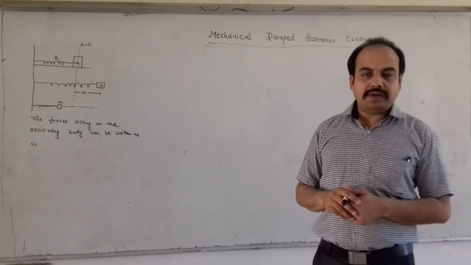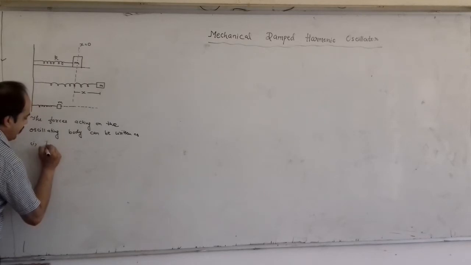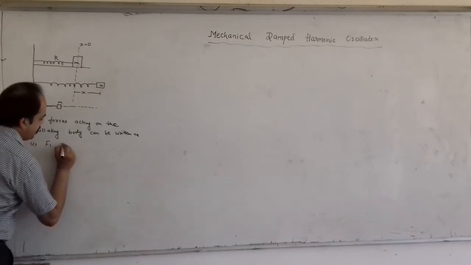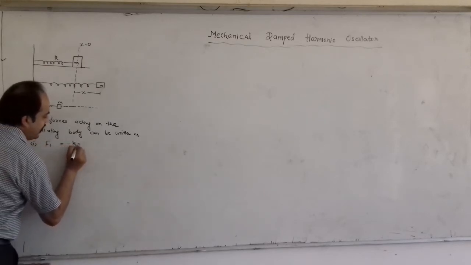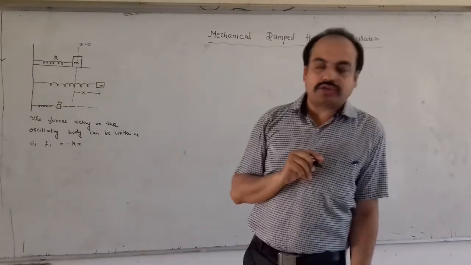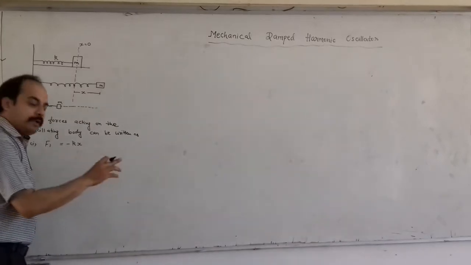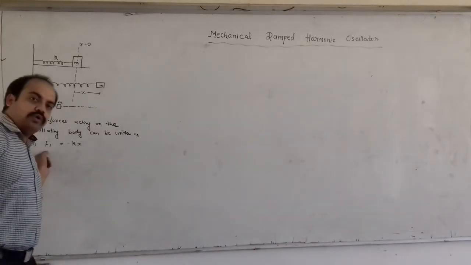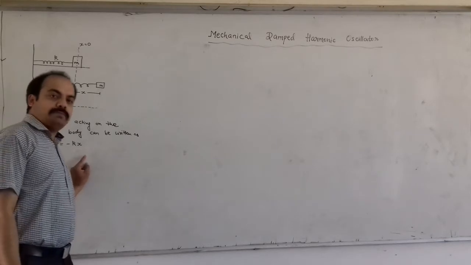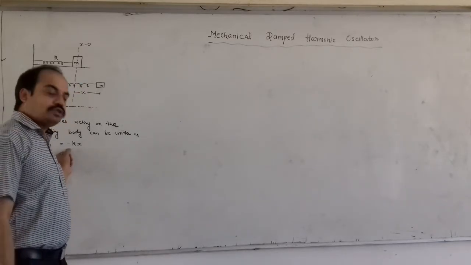The first force will be the restoring force, and F1 is given by minus kx, as it was given in the simple harmonic oscillator, where k is the spring constant and x is the displacement. This restoring force is directly proportional to the displacement, but in the opposite direction. The negative sign shows the opposite direction.